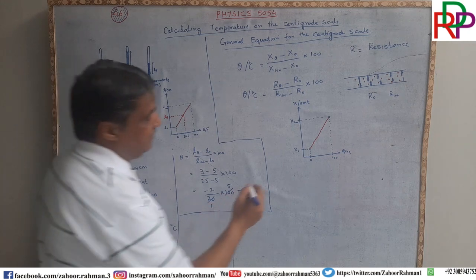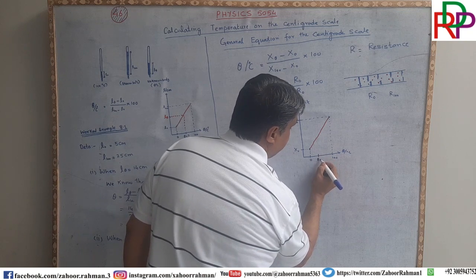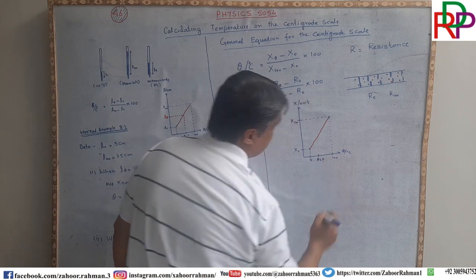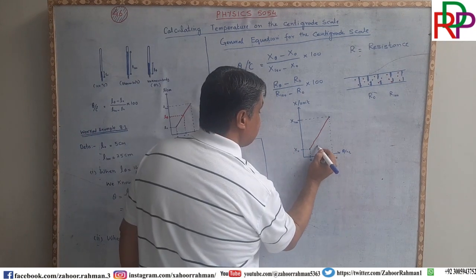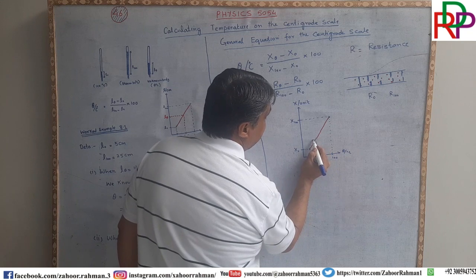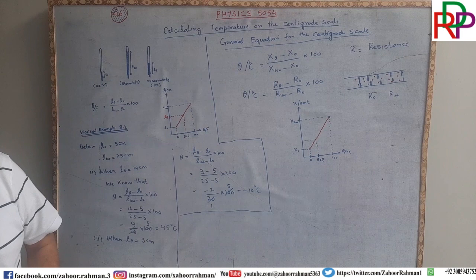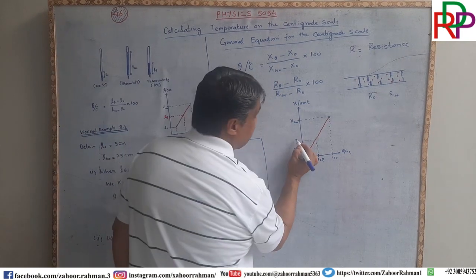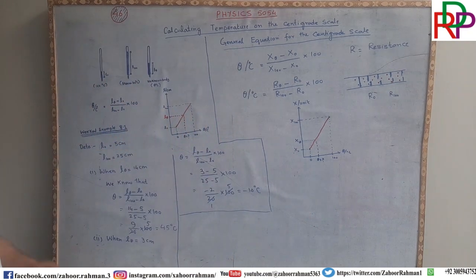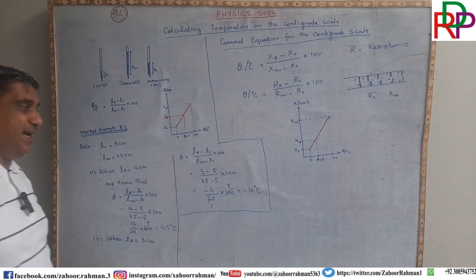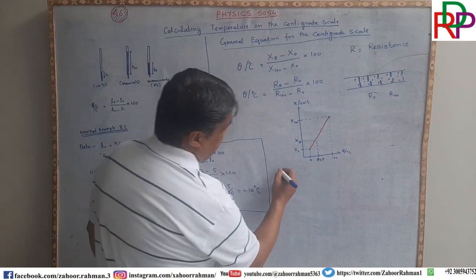For example, if we want to find the temperature, the resistance, we have to extend this line and connect that with the y-axis, and then this will be the X theta. So in this case we have to find the X theta value.